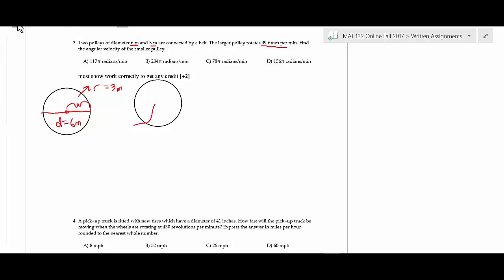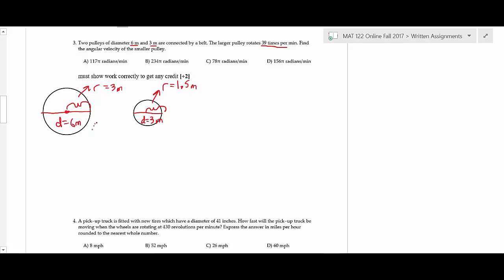The smaller circle has a smaller diameter, so I'm just going to move that down and label that. This one has a diameter of 3 meters. So again, the diameter is all the way across the circle, so the radius would be half of that. The radius of that would be 1.5 meters.